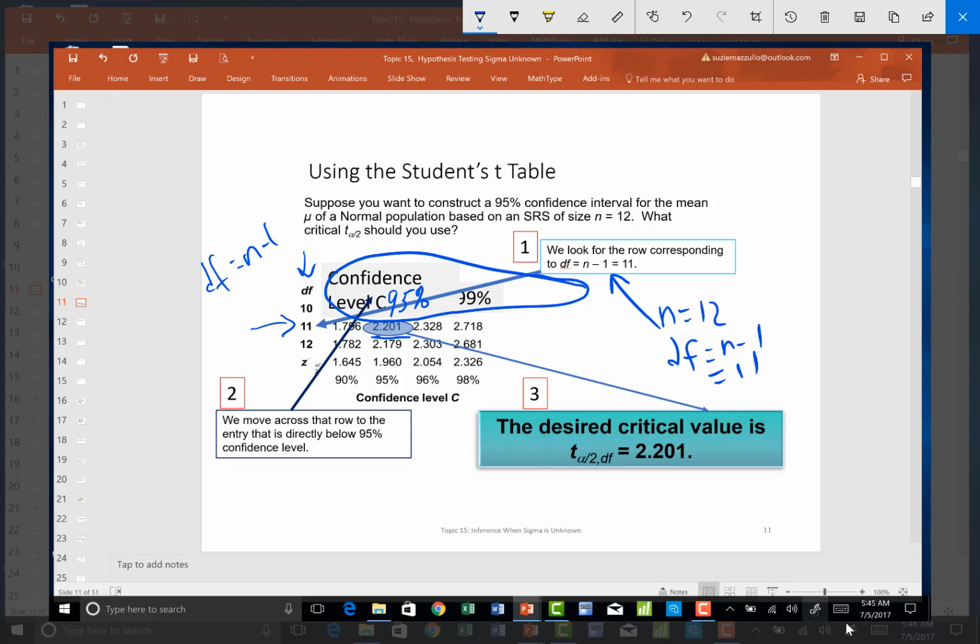And remember, with our z for a 95% confidence interval, alpha over 2, it was 1.96. Our distributions are thicker, so our critical values will be further out in the tail end, and they get closer into the center of the distribution as n increases.